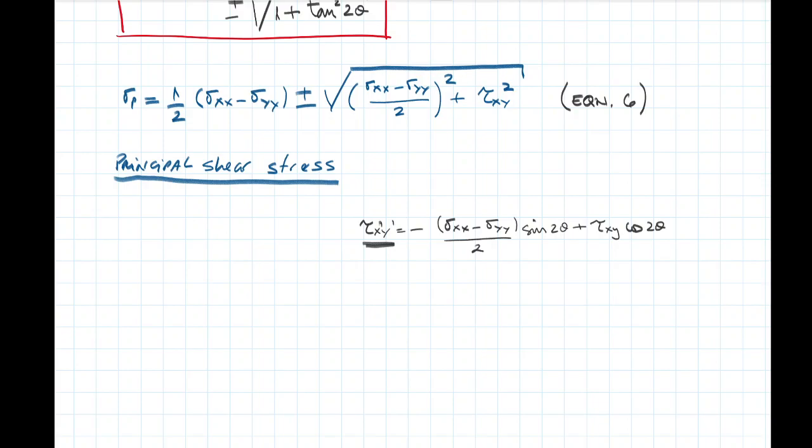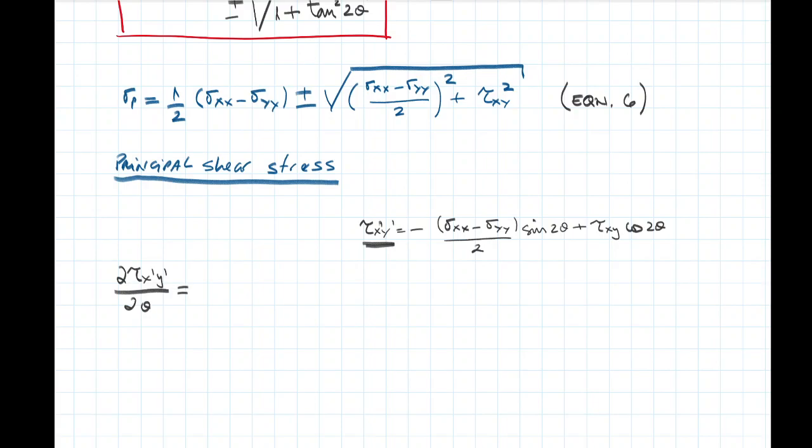So if we do this, we're going to have the derivative of this term here. I'm going to write down in here the derivative of this tau x prime y prime, because it is the shear stress in an inclined plane with respect to theta.